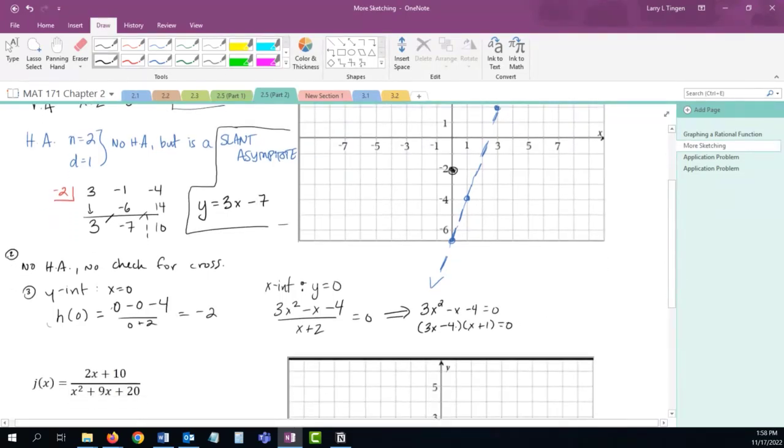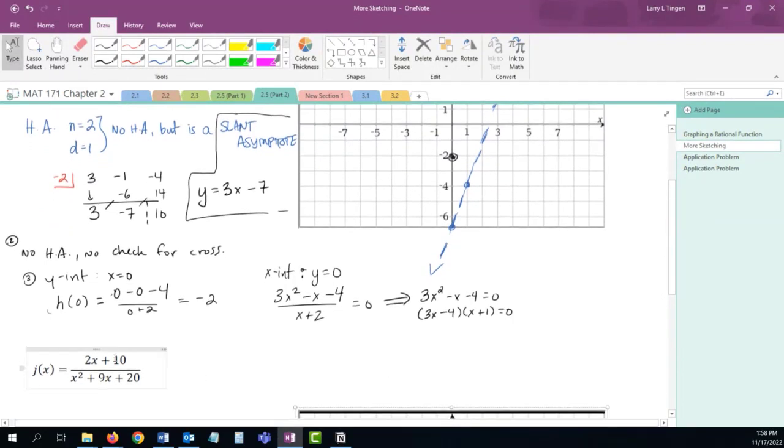Solve. Move your graph. Because I know if I know one thing, I know I didn't leave you enough space to do all this writing. Two things multiply to give me 0, which means one of them is 0. So 3x minus 4 is 0. 3x is 4. X is 4/3. X plus 1 is 0.